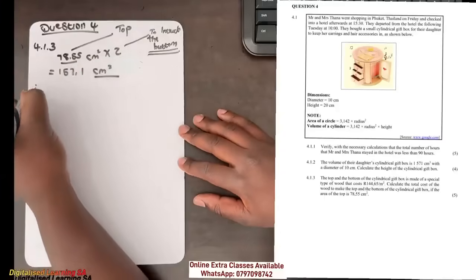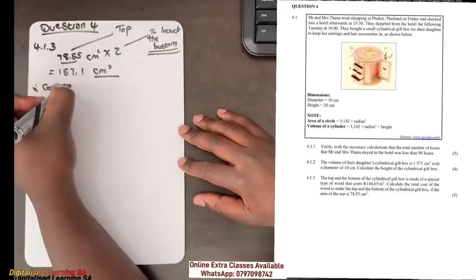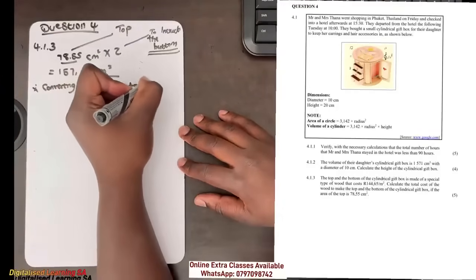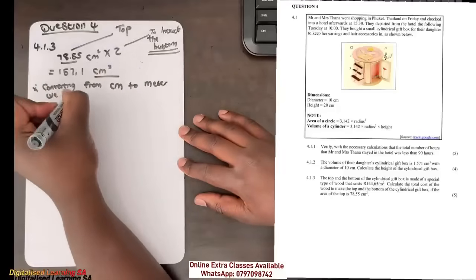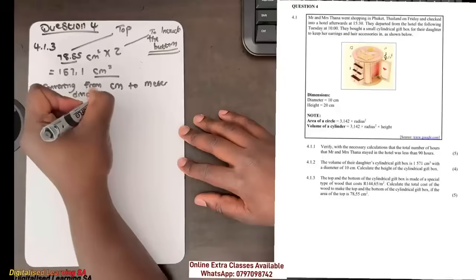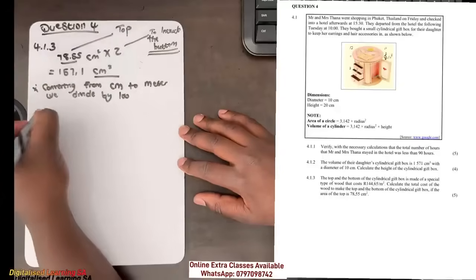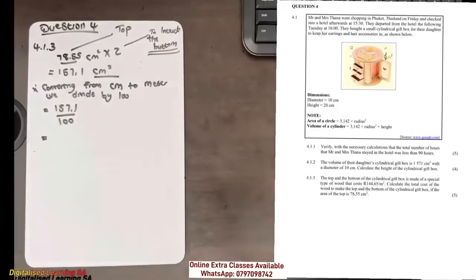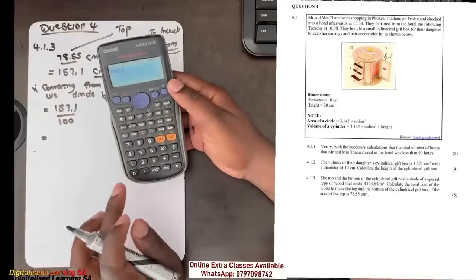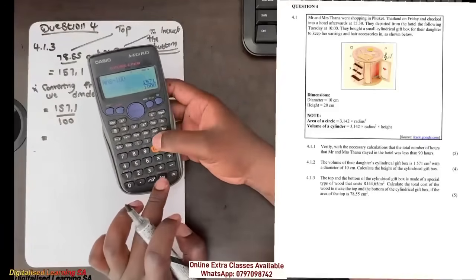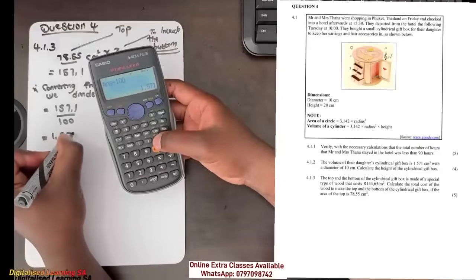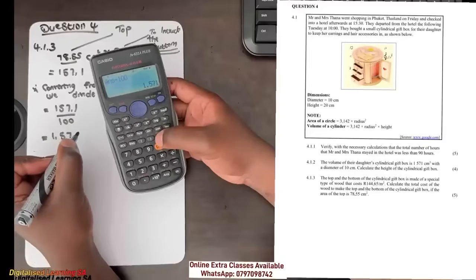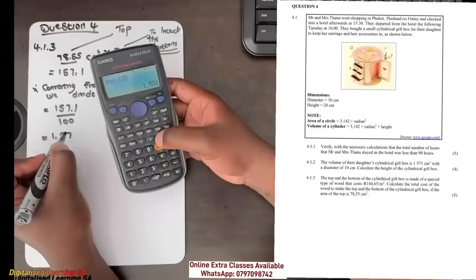So converting from centimeter to meter, we divide by 100, meaning that we are going to say 157.1 divided by 100, and our answer will be 1.571.